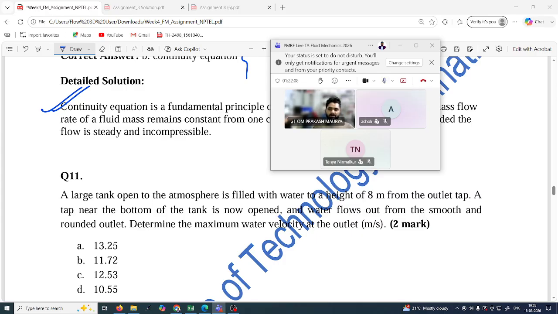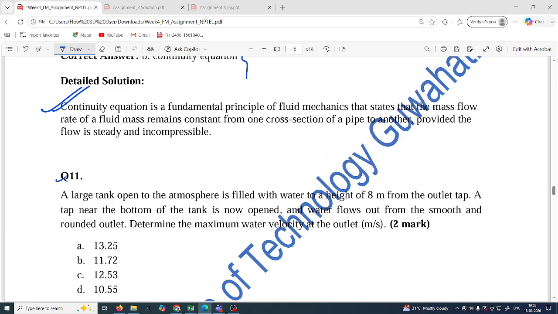Okay, so now let us start question number 11. A large tank open to the atmosphere is filled with water to a height of 8 meter from the outlet tap.